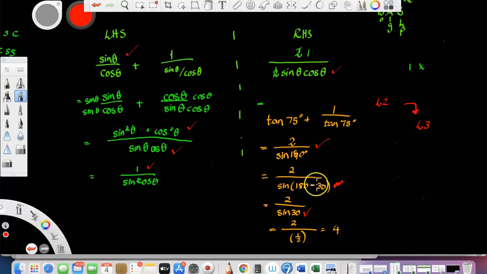And 180 minus 30, that is second quadrant, and sine is positive in this quadrant, just so you know why there's a positive there. And then the next point was for the special angle, and the last point was for the actual answer.